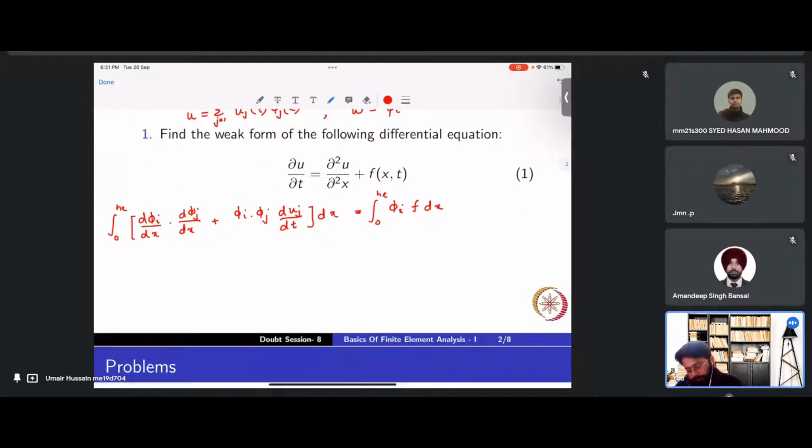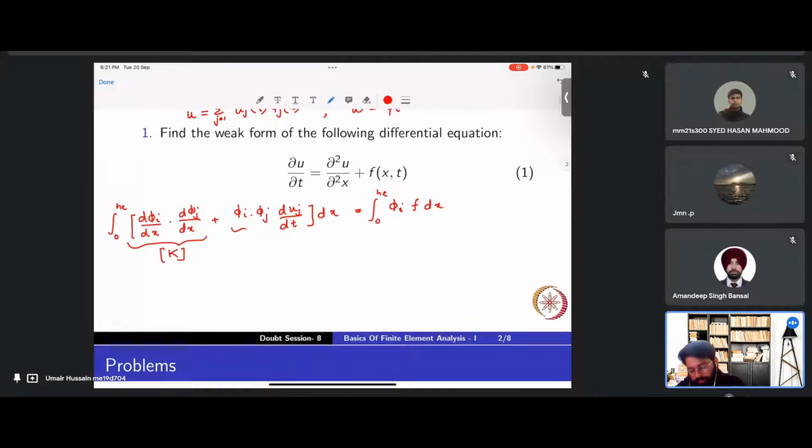So we can write this term as k. This would be a matrix, and then we can just write this term as m. This again would be a matrix, and this is actually a vector, which is u dot, and this term is again a vector, or f, right-hand side vector.